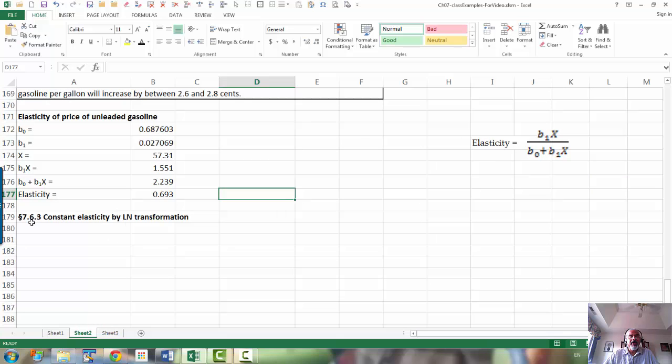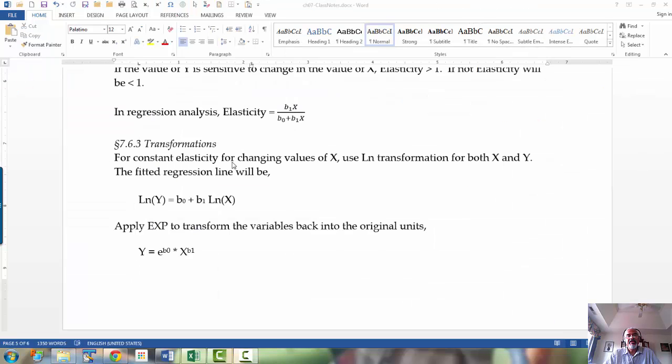So let's do a log transformation, and then we can compute the elasticity from that log transformation. If you want constant elasticity for changing values of x, the natural log transformation for both x and y will help us. You transform y into ln y and transform x into ln x.